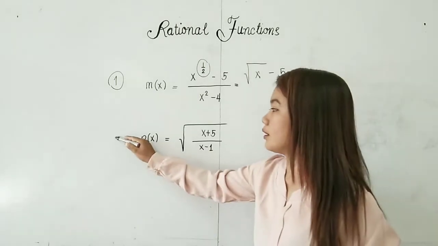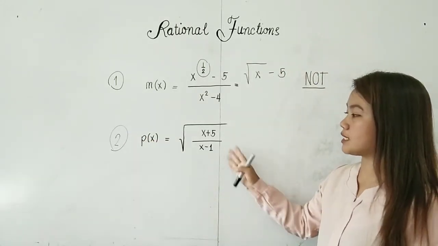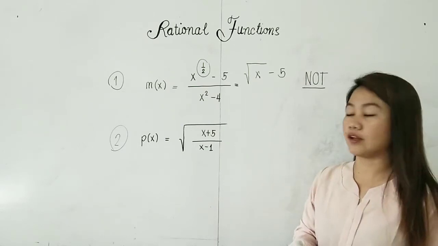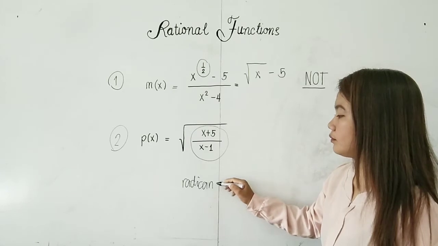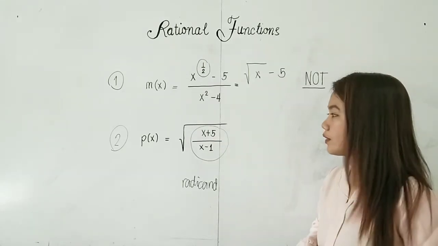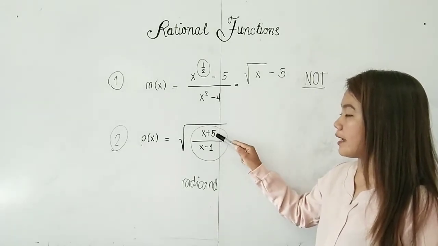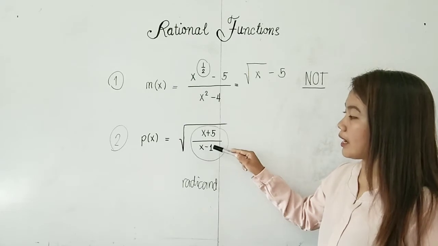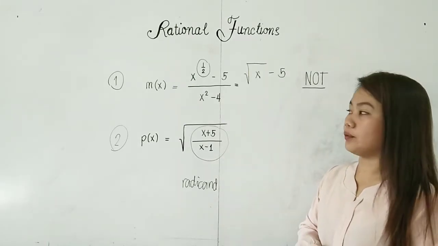Next, number 2, p of x is equal to the square root of x plus 5 over x minus 1. So our radicand here is x plus 5 over x minus 1. This is a rational function because our numerator x plus 5 and our denominator x minus 1 are both linear, and linear is polynomial.